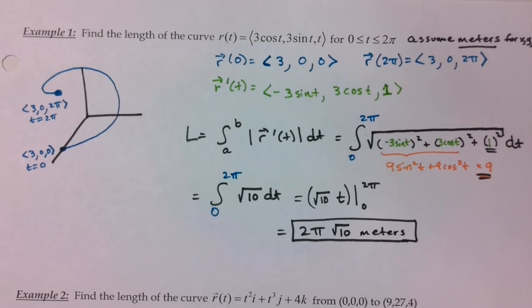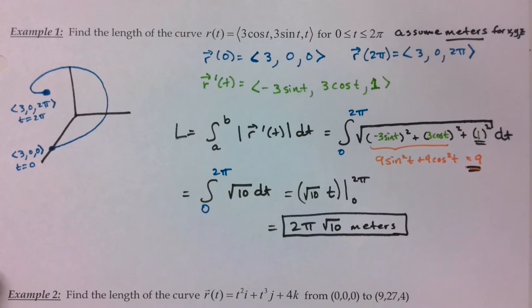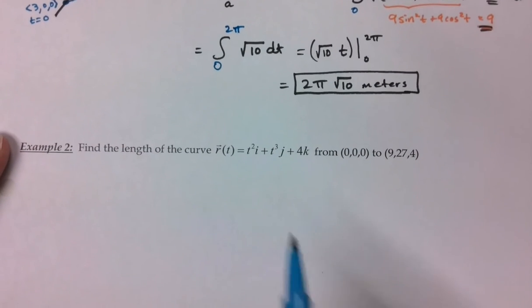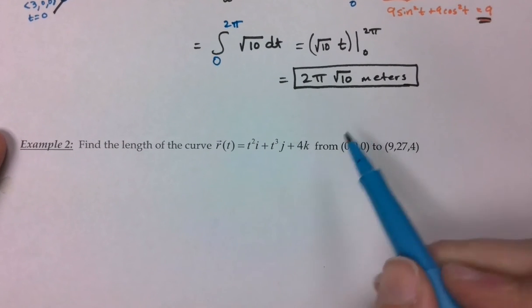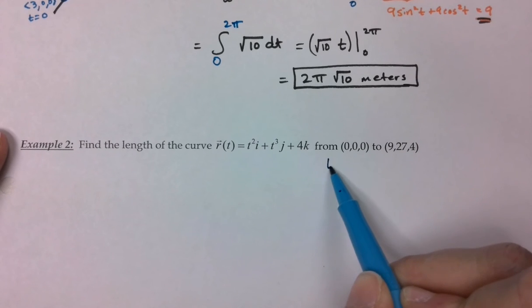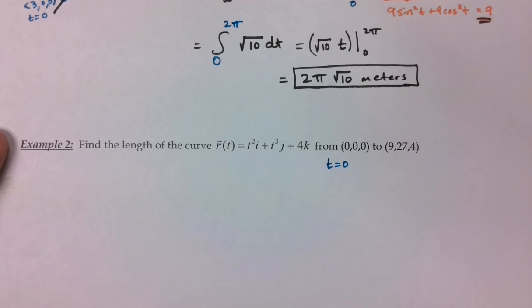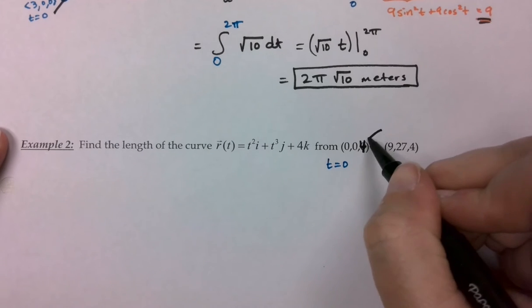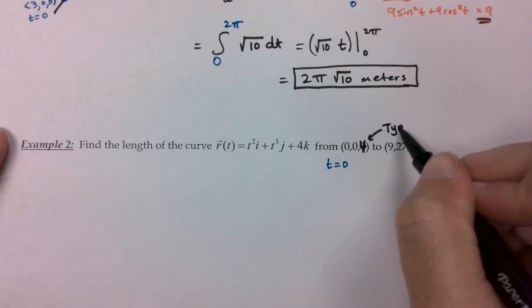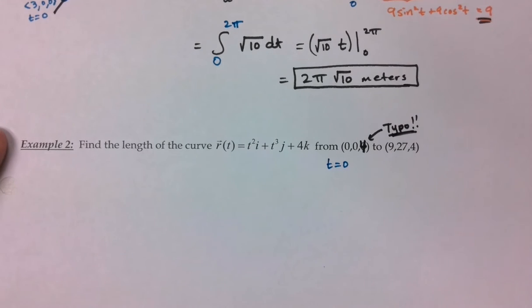All right, next. Well, if we look at this problem here, there's actually a typo here, because this is our position vector. So we want to find the length of this curve. If you look here, if I put t equals 0 in, I would get 0, 0, 4. So this is a typo. It should say 4. I'll fix that for future.